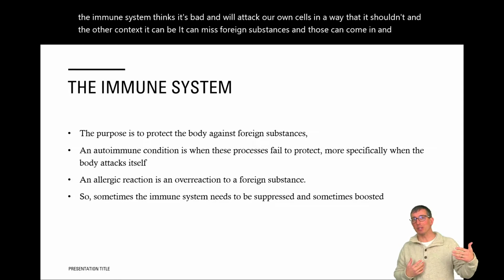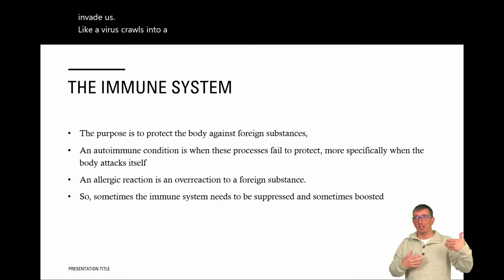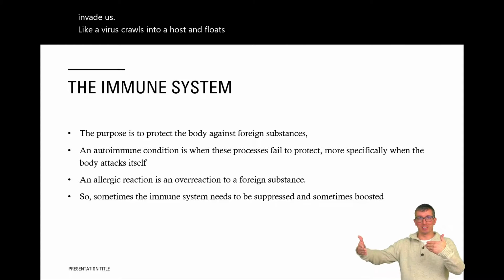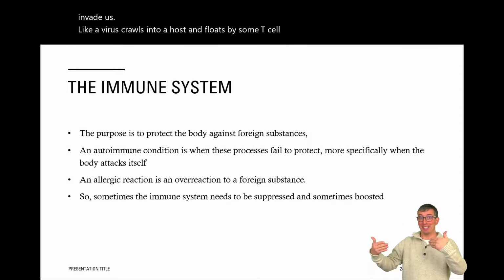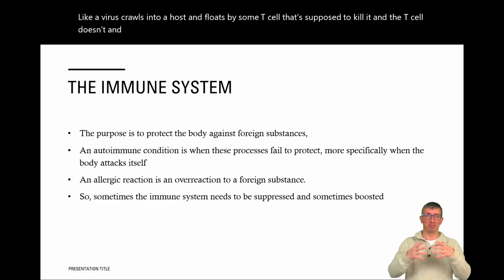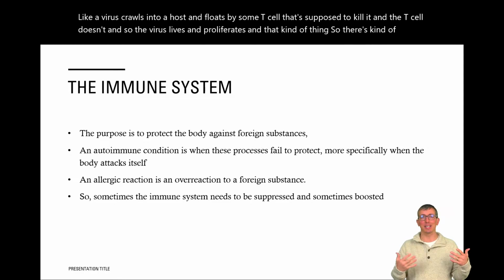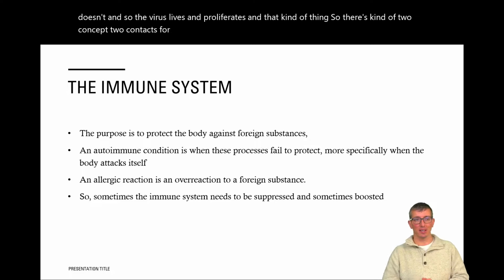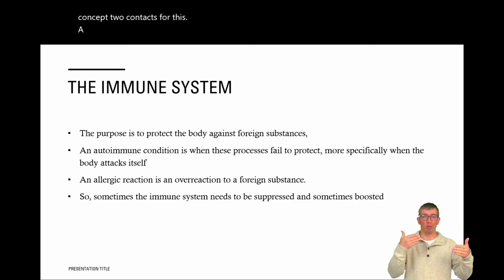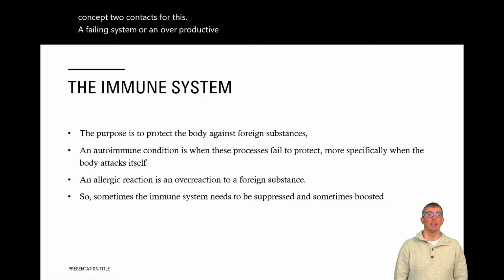Like a virus crawls into a host and floats by some T cell that's supposed to kill it, and the T cell doesn't, and so the virus lives and proliferates and that kind of thing. So there are two contexts for this. A failing system or an overproductive system, something like that.